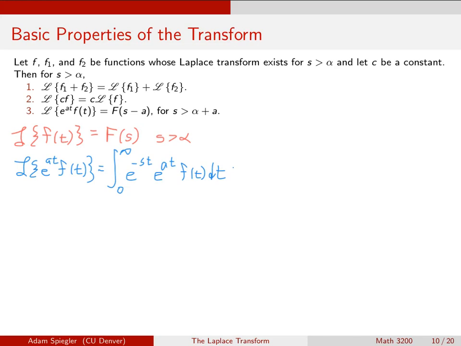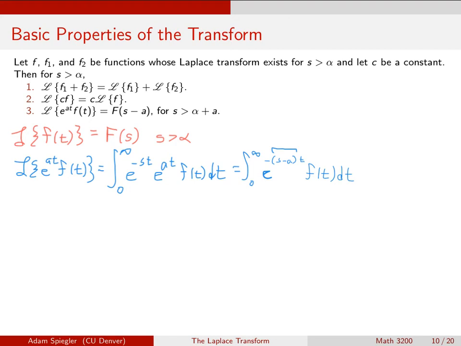And so combining the exponentials inside, we could write this as the integral of e to the minus (s minus a) t times f of t dt, just doing some algebra combining our exponential terms. And so now this is starting to look like the definition of the Laplace transform of f. We just have the wrong power over here.